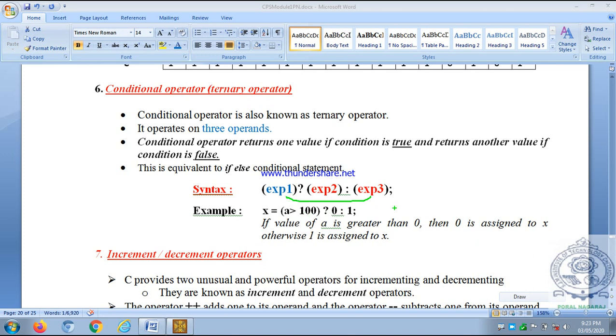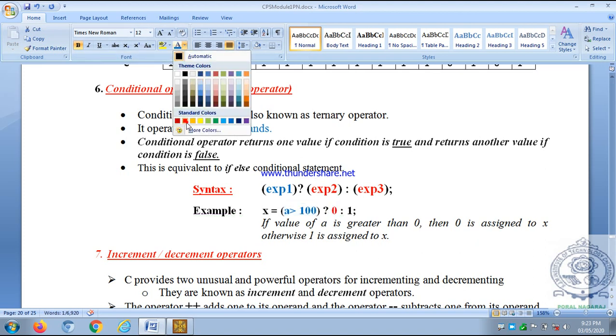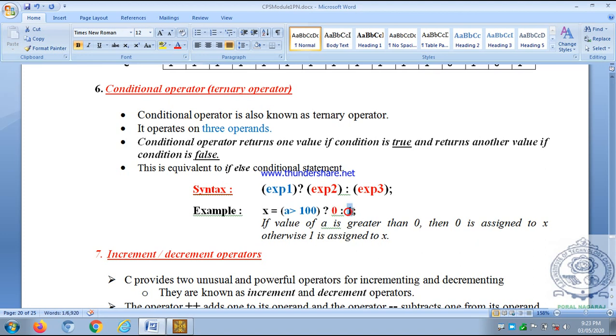For example, we can see here x is assigned a value. So x is assigned a value based on a greater than 100. That is the condition, and here 0 and 1 are the returning values. Suppose a value is greater than 100, what will be the value of x?